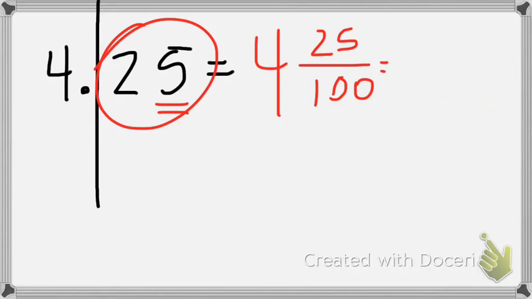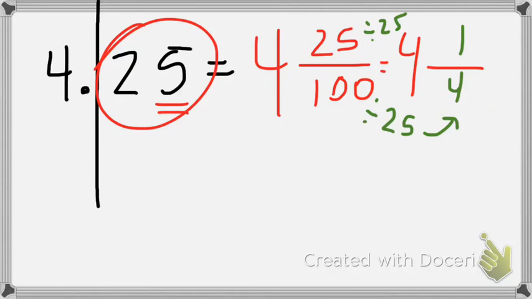And then we're just going to reduce that. 25 divided by 25 is 1, and 100 divided by 25 is 4, because it takes 4 quarters to make $1. So that's how we get 4 and 1/4. So 4 and 25 hundredths would reduce to 4 and 1/4.